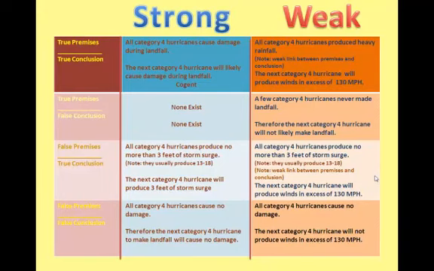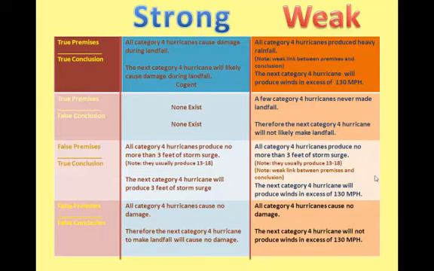This table shows the various combinations that statements can have for truth value. In the first row, we have examples of both strong and weak arguments when the premises are true and the conclusion is true. The only time that we have a strong inductive argument is when the inference between premise and conclusion is strong.